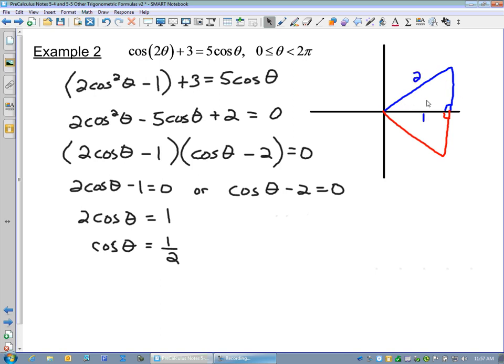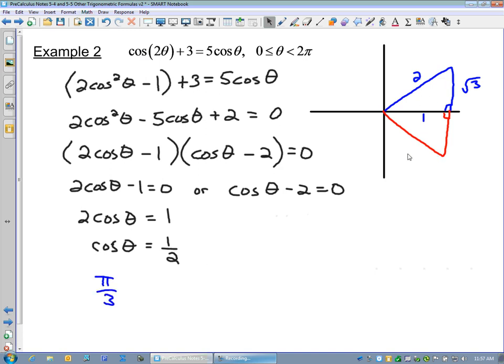And hopefully now you recognize a 1, 2, square root of 3 triangle, which is a 30, 60, 90. My angle, theta, which is right here, is opposite the root 3, the longer leg, so that makes it the larger of the two angles. So it's going to be opposite the 60-degree angle. And then for the radians, of course, that is going to be pi over 3. So our first angle here is pi over 3.